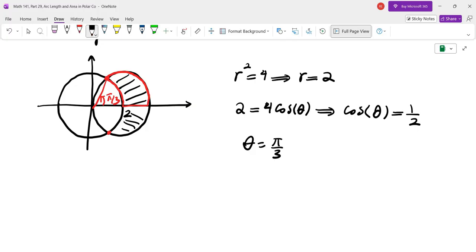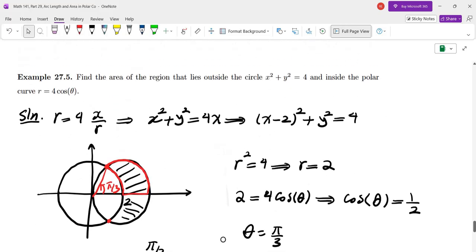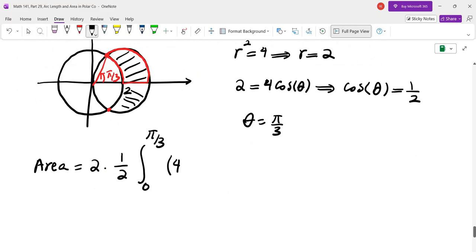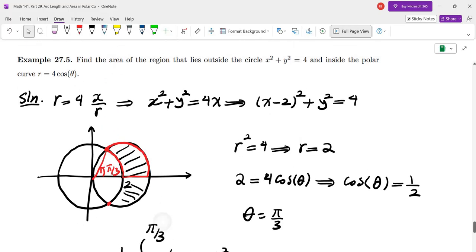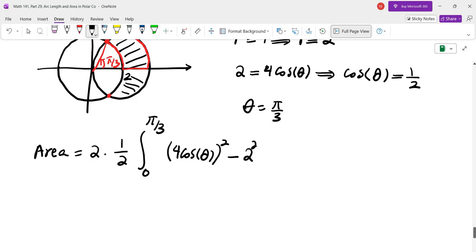So we can get that the area is equal to twice 1/2 integral from 0 to pi over 3, the larger one squared. So that was 4 cosine of theta, that one squared. And then minus the smaller one, which is 2 squared.